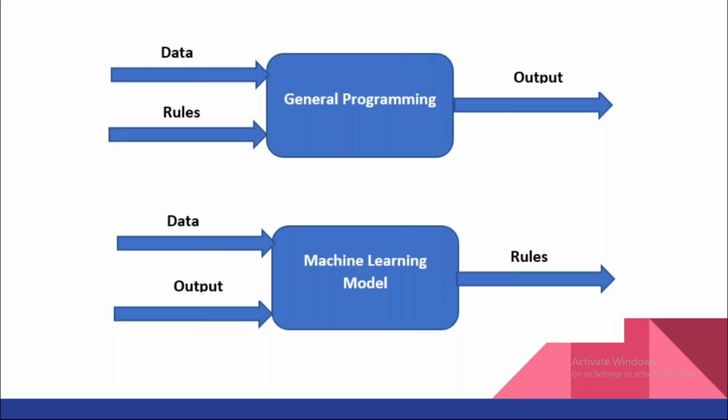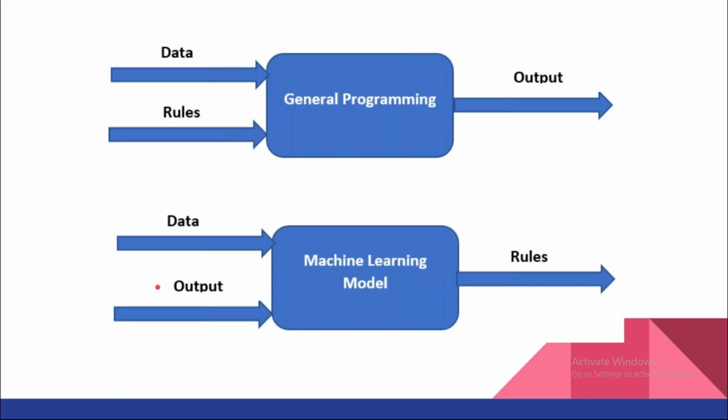I will have to write the rules for how to check if a number is odd or even. Then I will give the data, which are my different numbers, and I will get the output. It will tell me if this number is odd, if this number is even. General programming is absolutely good when you are solving a simple problem. That is all possible with that.